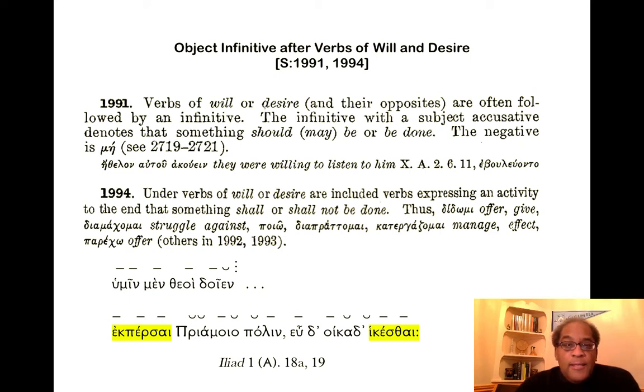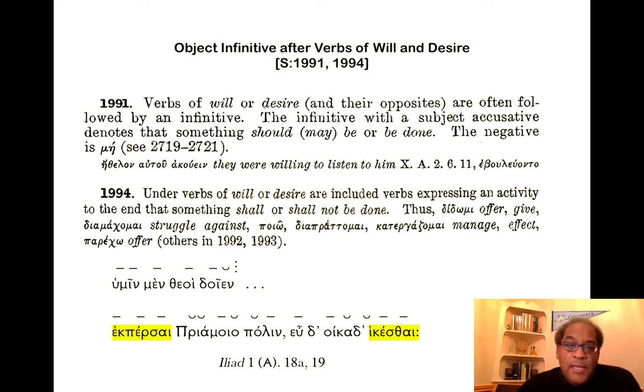So 1994, under verbs of will or desire are included verbs expressing an activity to the end that something shall or shall not be done. And this is what we see in this opening bit of the Iliad. He says these examples of these such verbs are didomi, to give, to offer, diamachomai, to struggle against, and others.